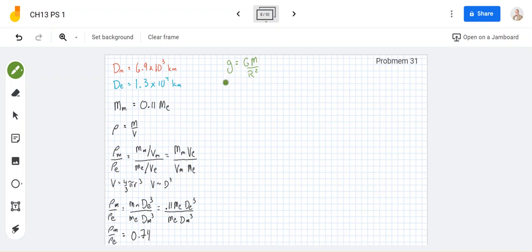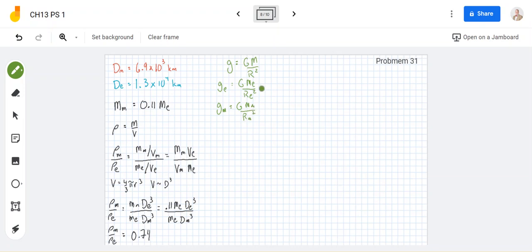And we're going to compare it. I know that the gravitational acceleration on Earth, which is 10, or 9.8, is equal to G times the mass of Earth divided by the radius of the Earth squared. Similarly, for Mars, G times the mass of Mars divided by the radius of Mars squared.